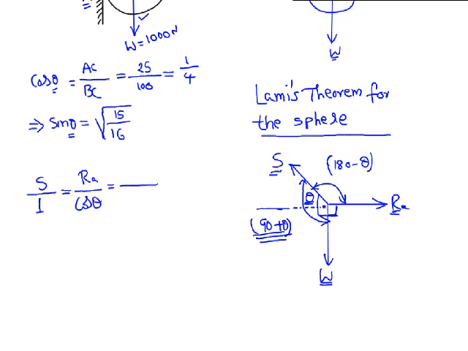This is equal to the third force W divided by the sine of the angle between the other two forces, which is 180 minus theta. Sine of 180 minus theta is sine theta itself. From this you can write S equal to W, 1000, divided by sine theta, which is the square root of 15 by 16.